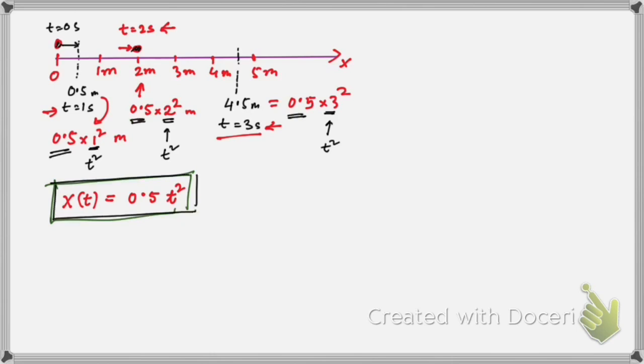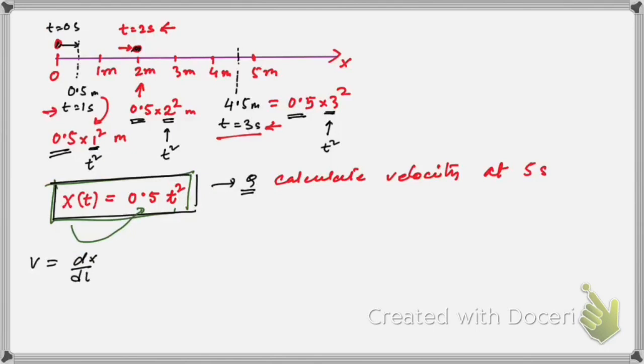We have taken that situation again. Suppose we need to calculate the instantaneous velocity at 5 seconds. So velocity at 5 seconds means instantaneous velocity at 5 seconds, not 0 to 5 seconds. Not this period. It is instantaneous velocity.